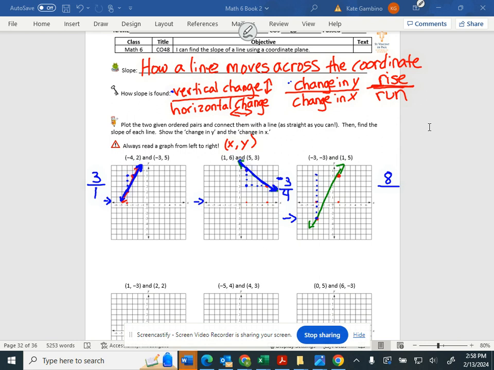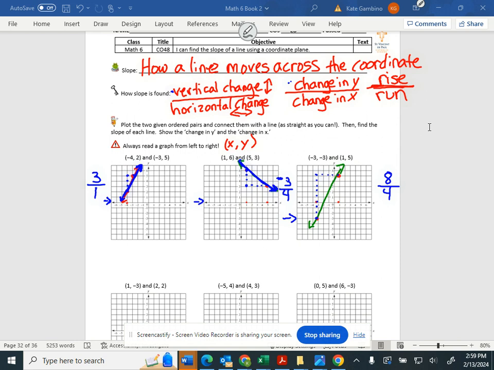How far to the right am I going? So I'm starting here, so that's my 0. 1, 2, 3, 4. So I went to the right 4. Now I look at 8/4 and I say, Mrs. Gambino always says the final step of working with something that looks like a fraction is to simplify, simplify, simplify.